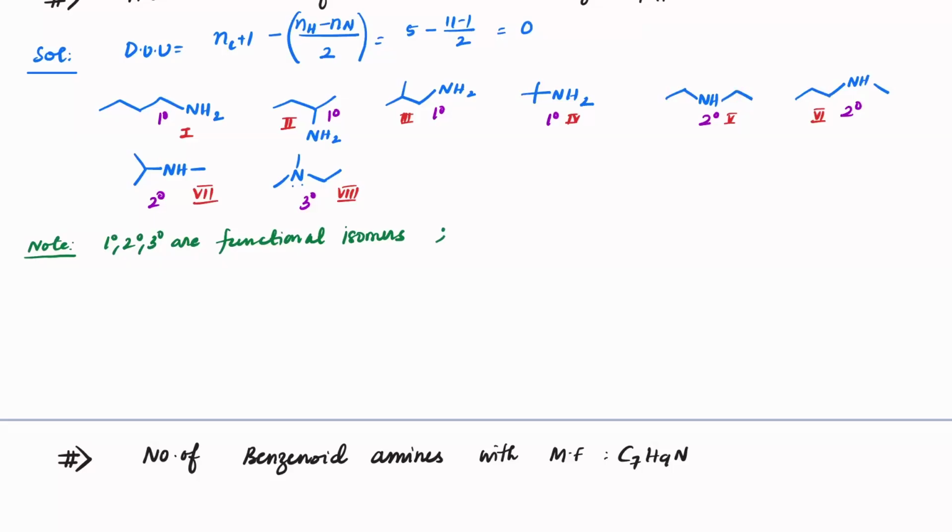Therefore, because the functional group is the same, 5 and 6 are metamers. Correct. And likewise, 6 and 7: now the chain length is the same, only the position is changing. So 6 and 7 are positional isomers.